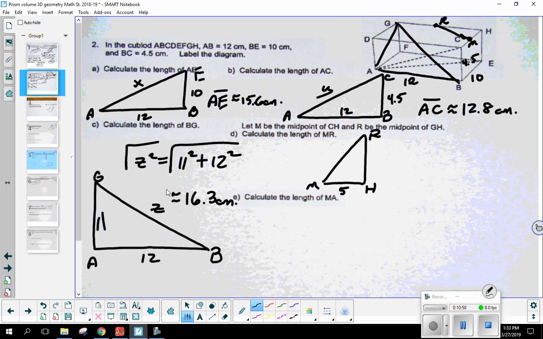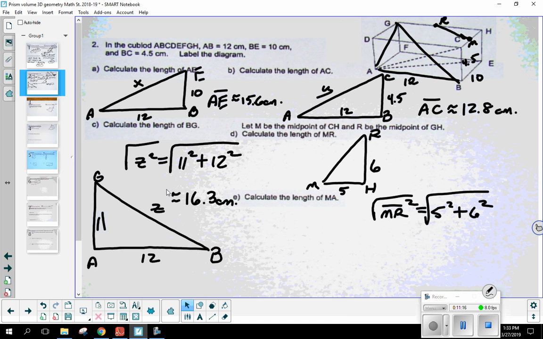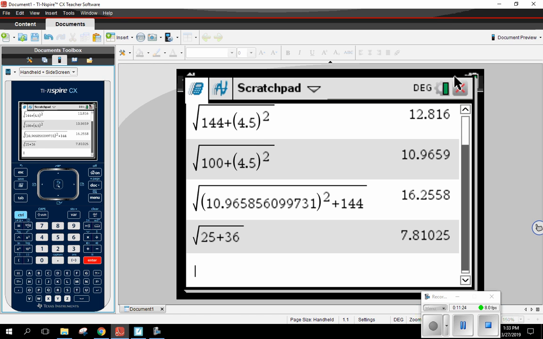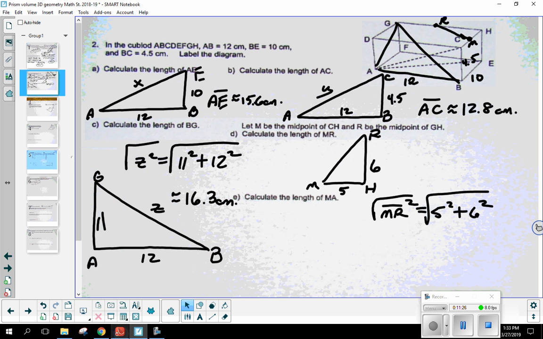Should be 6. There we go. Let's use MR itself. So the segment MR squared should equal 5 squared plus 6 squared. Again, Pythagorean theorem over and over again. So it looks like 25 plus 36. What am I looking at? Yeah, 7.8. Okay, perfect.